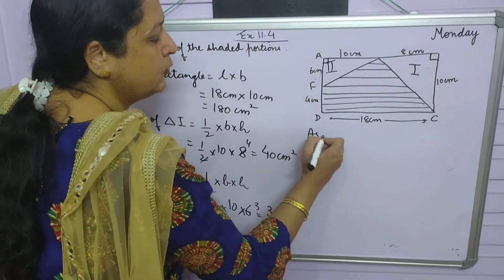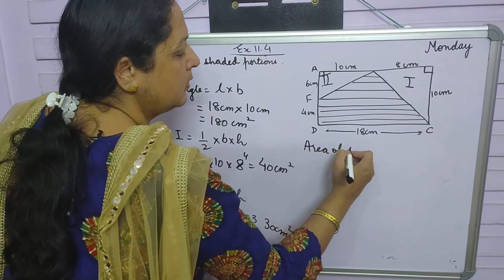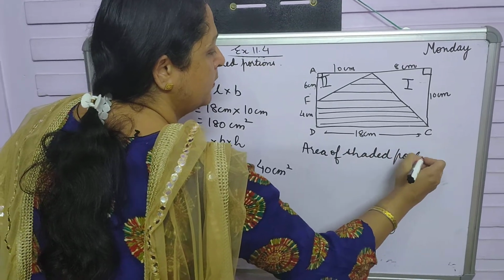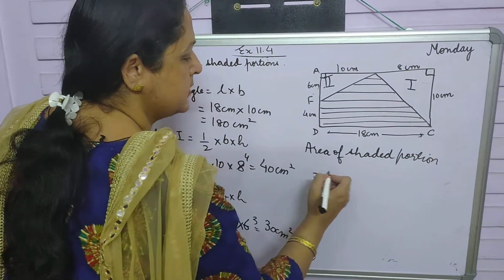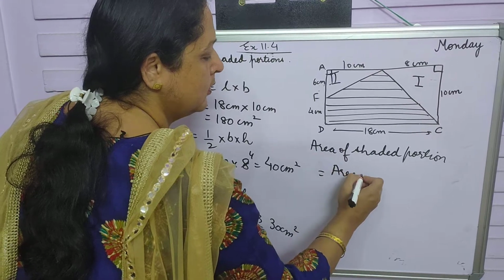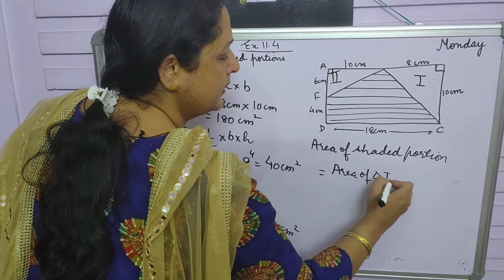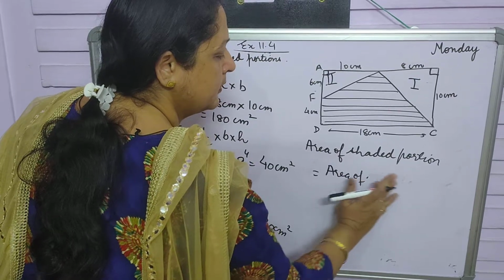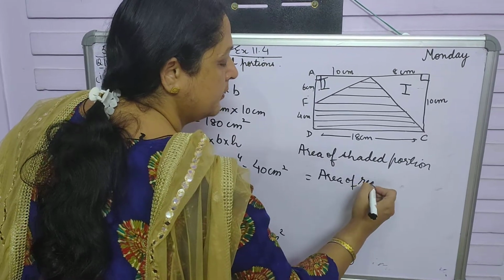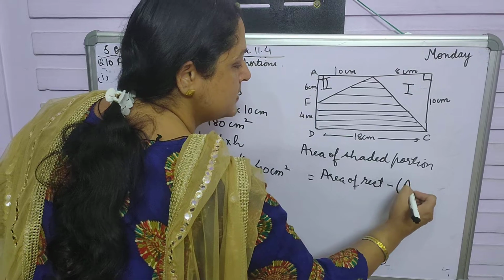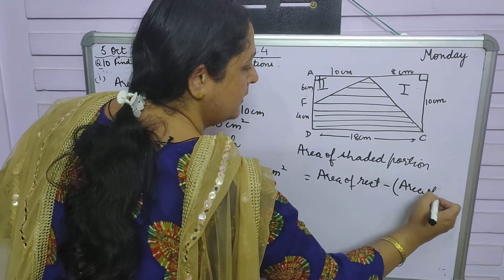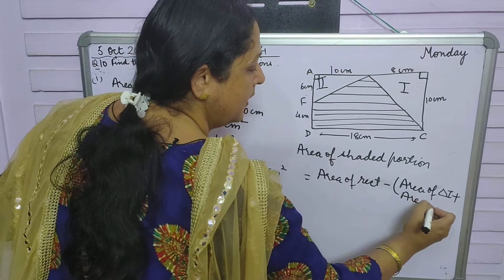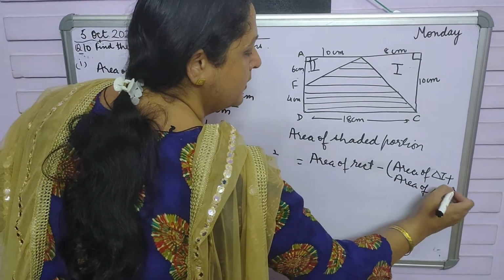Since I have to find out area of shaded portion, it is equal to area of rectangle minus area of triangle 1 plus area of triangle 2.